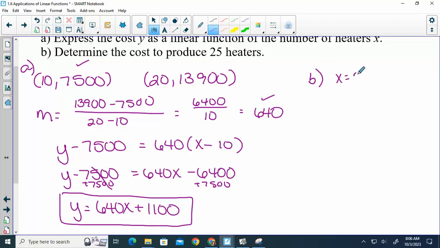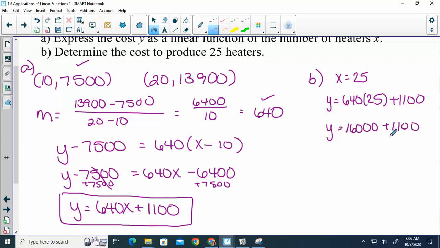Number of heaters, that's the x, so my x is 25, so we can plug that into our equation. 640 times 25 is 16,000, plus 1,100 is 17,100.